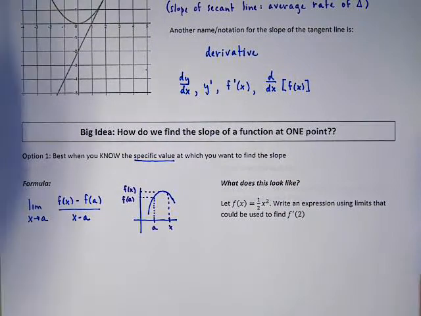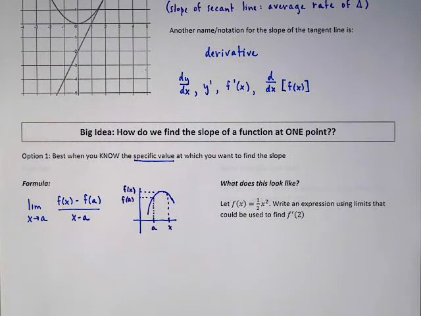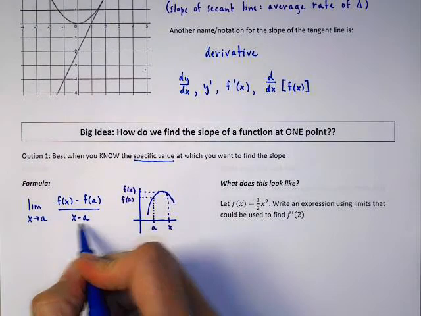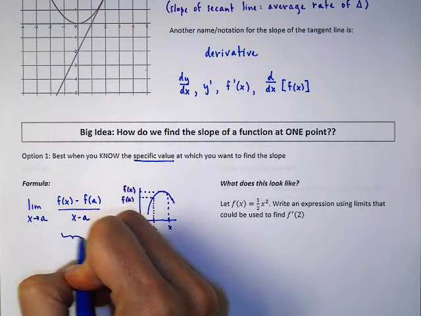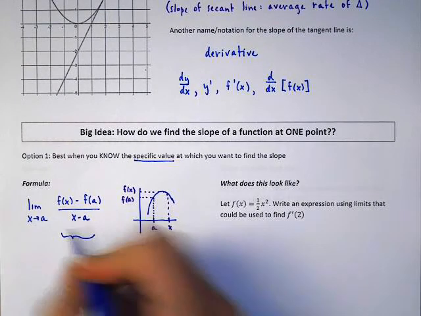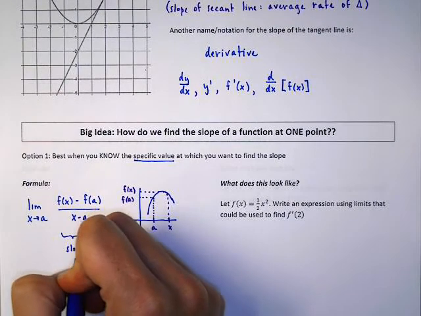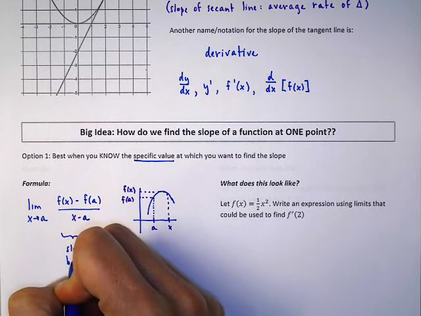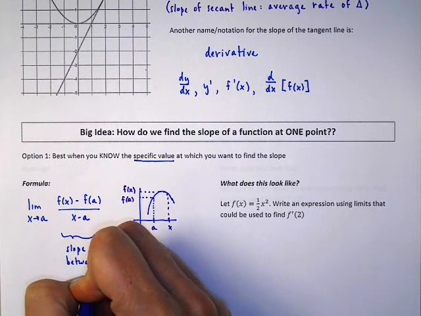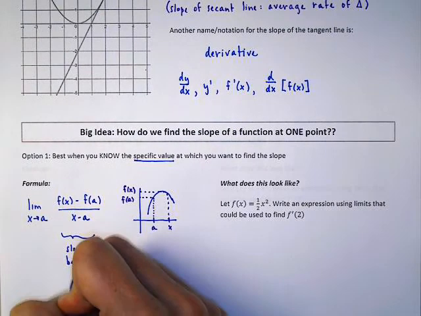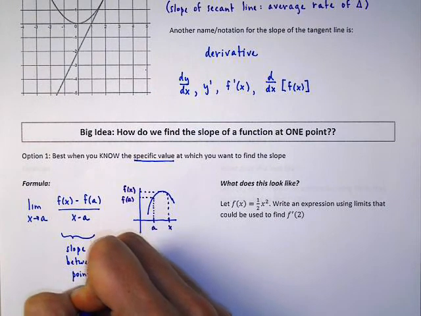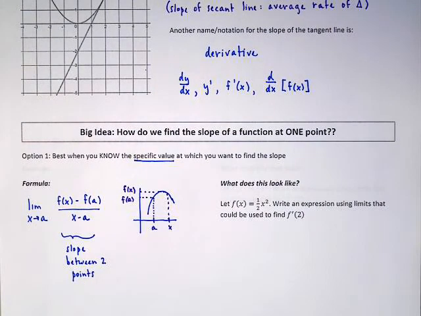And so what we're representing here, this f of x minus f of a over x minus a, hopefully that looks familiar to you. That's just the slope between our 2 points. That should look like when we were calculating that average rate of change.